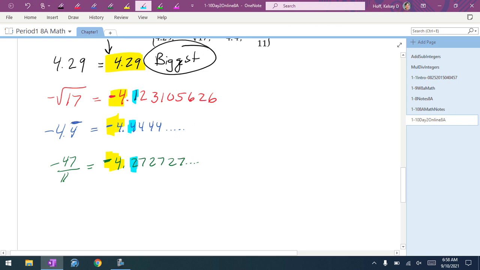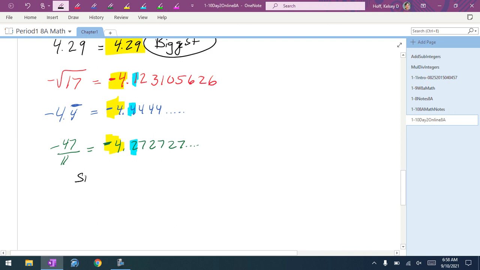So if I'm looking for the smallest negative, the biggest digit is actually the biggest number. So in our case, the biggest number is the 4. So this is actually the smallest number on my list, which is negative 4.4 repeating.